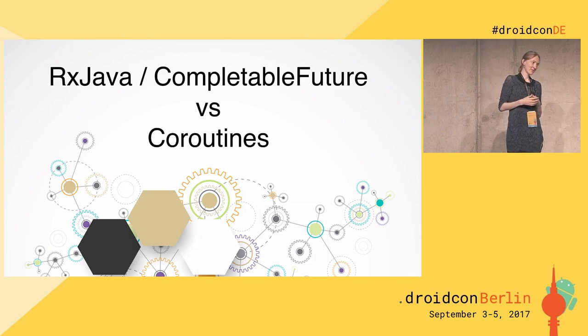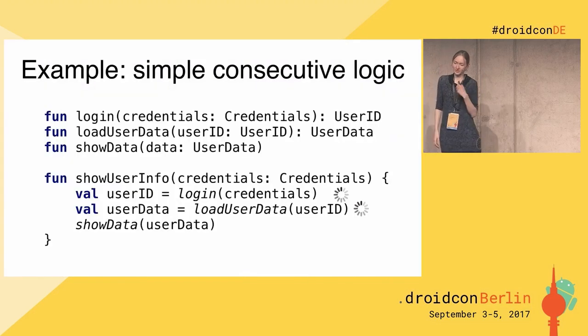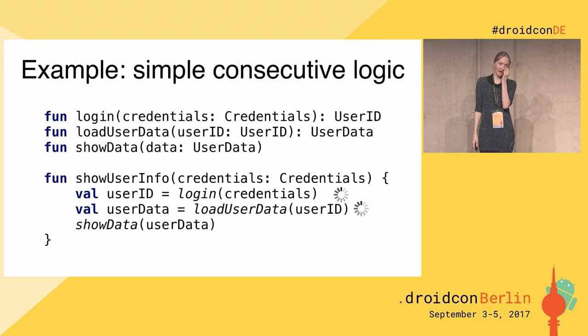I expect this question, so we have like 5 more minutes, and I expect you to ask: what about RxJava? We now want to use RxJava, and how does it interact with coroutines? I want to illustrate my answer with the same example that we used so far. We had this code.